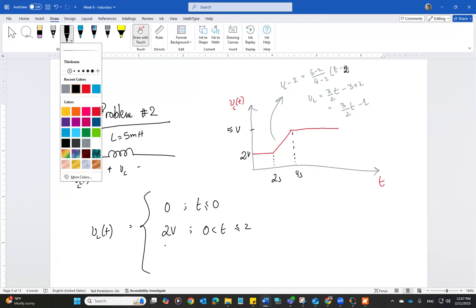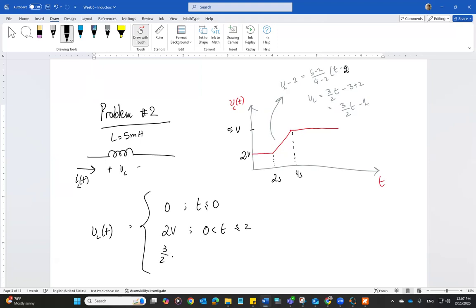So we have 3 by 2 T minus 1 between 2 and 4 seconds. And then we have 5 volt after 4 seconds. So this is our piecewise function for the voltage.